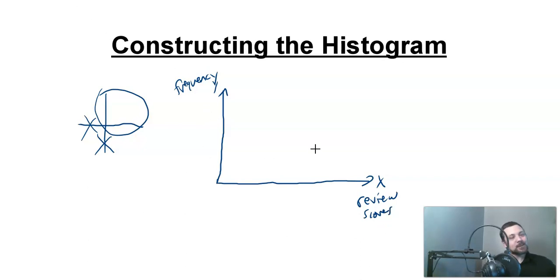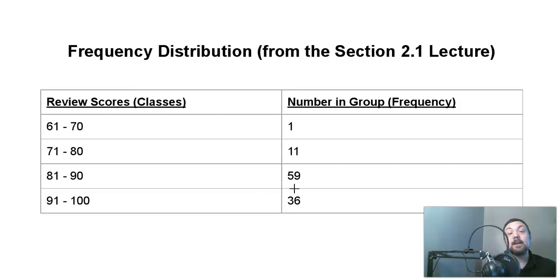And this one's going to be kind of tough because we have such a range of frequencies. We have as low as 1, and we have as high as 59. So I got to make sure. Now we have to start at 0 either way, but we're going to have to go all the way up to 59 on the y-axis, right? That's my largest frequency. I need to make sure that number is going to fit on my graph.